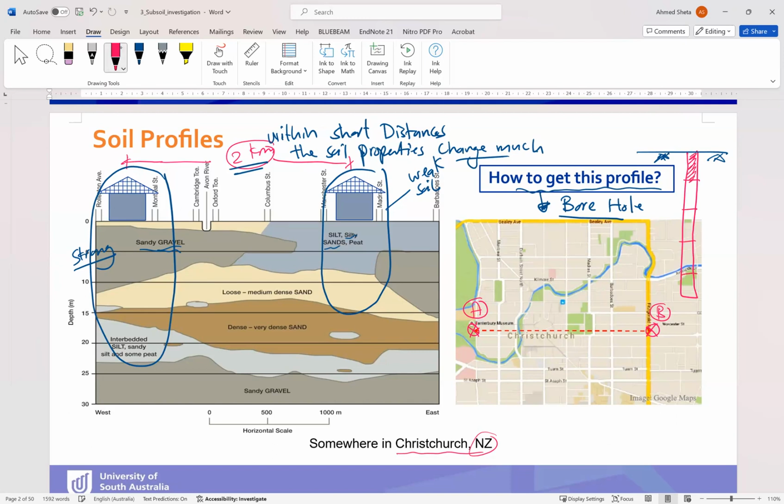For example, this is one layer, this is another layer, and this is another layer. So we have, for example, the first 3 meters, one layer, the second 5 meters, different properties. So using the borehole, you can identify the layers and then you can identify the properties of the soil.